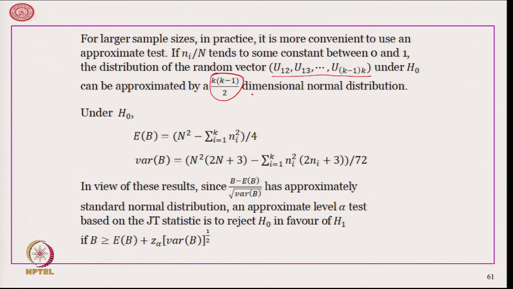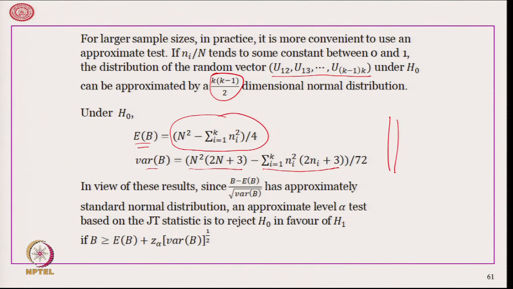So, it is a multivariate normal type of distribution, and the expected value of B is coming out to be (N square minus sigma ni square) divided by 4, and the variance of B is coming out to be (N square into (2N plus 3) minus sigma ni square into (2ni plus 3)) divided by 72. We are not going to derive this here, there is no scope.